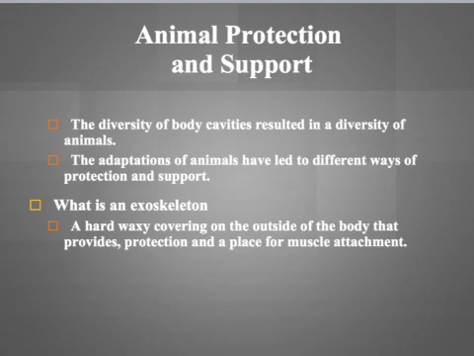And basically, the diversity of body cavities results in a different diversity of animals. And if you remembered on the video, we actually looked at the skeleton, and it became from the ectoderm. So in some invertebrates, that ectoderm basically forms the outer skeleton, which is an exoskeleton.